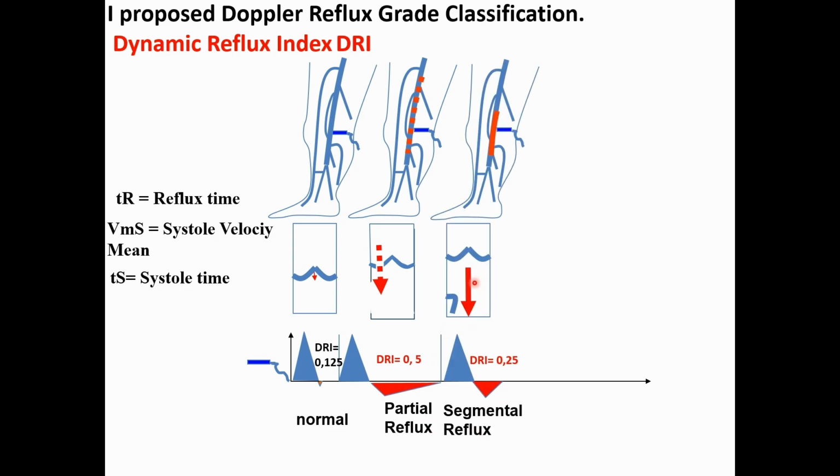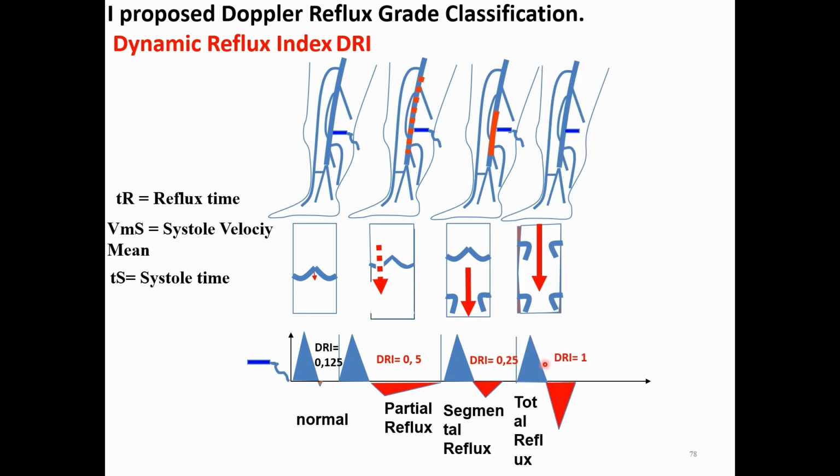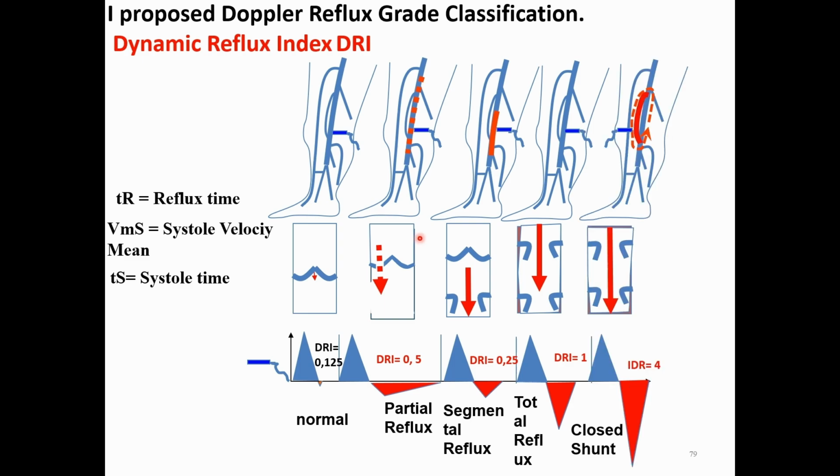Segmental reflux here, just intermediate valve incompetence, value is 0.25. Total reflux here is all the valves are incompetent. Closed shunt, where the reflux is more important, the diastolic flow is more important than the systolic.